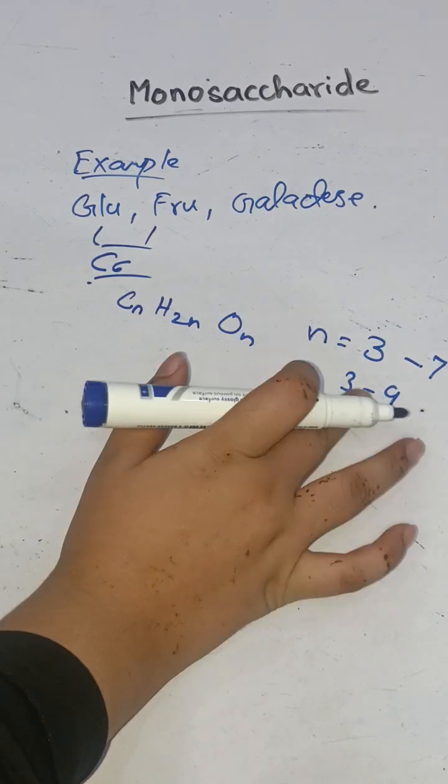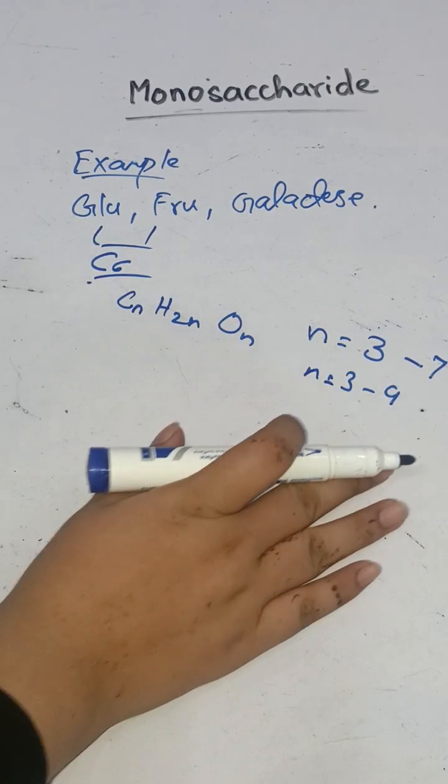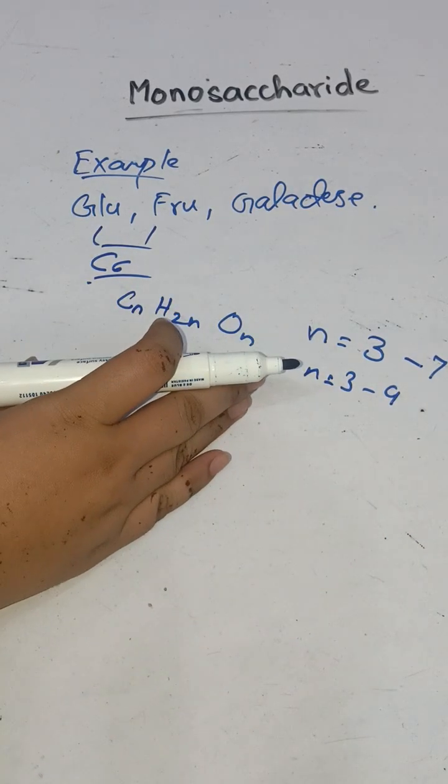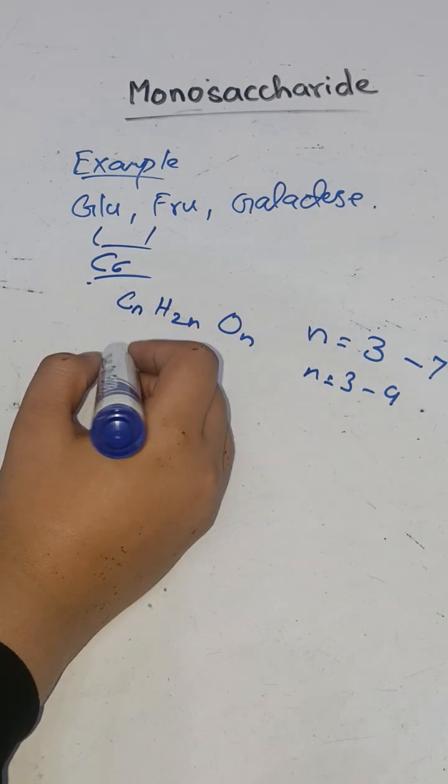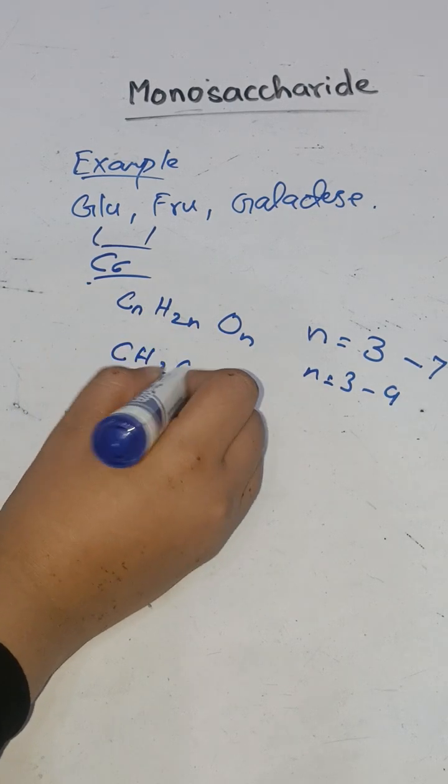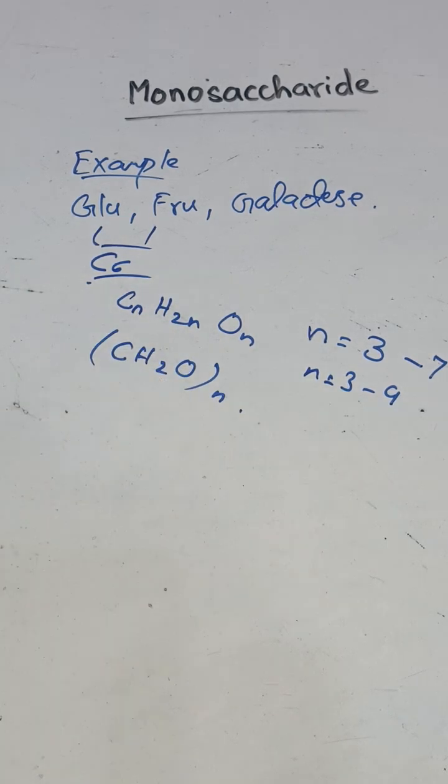Both can occur. You can also write the formula for the carbohydrates as (CH2O)n. So the n value is given to you, which is from 3 to 7. So we have seen the definition of monosaccharide, the three definitions of it, the examples, and the formula for it.